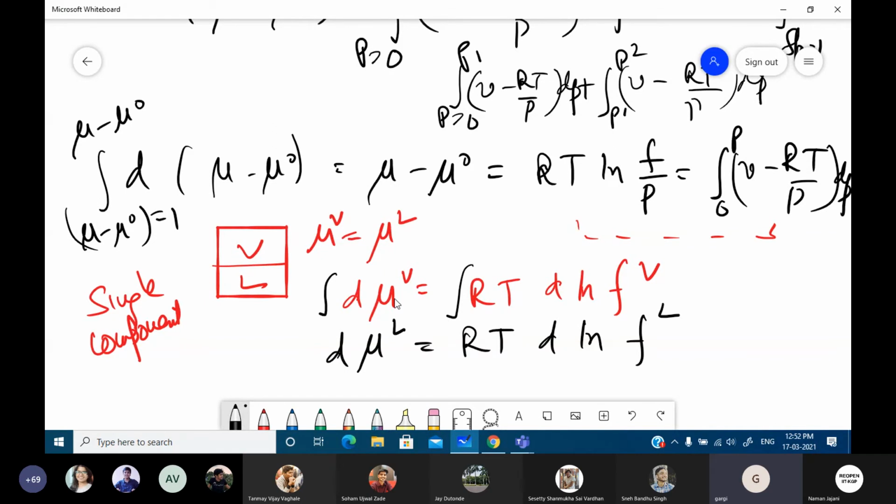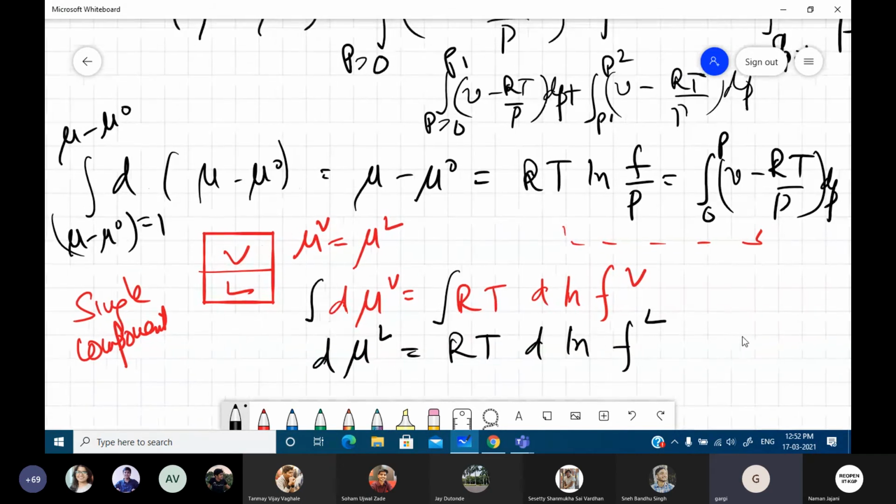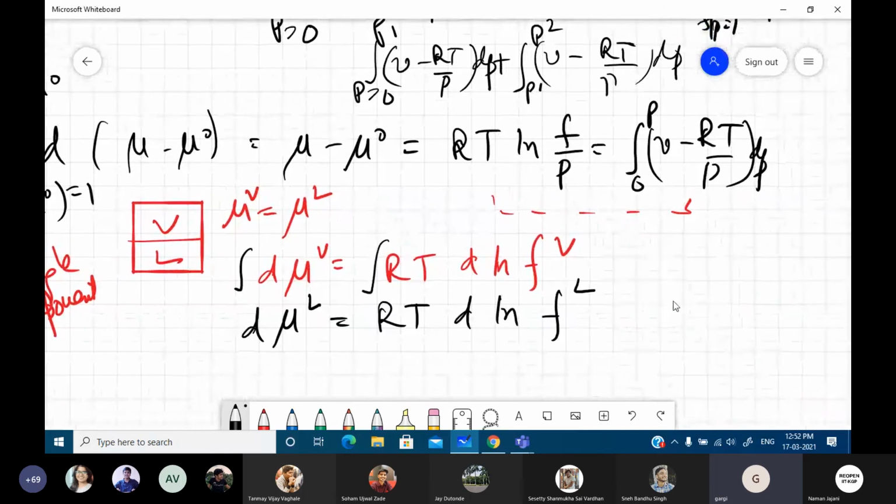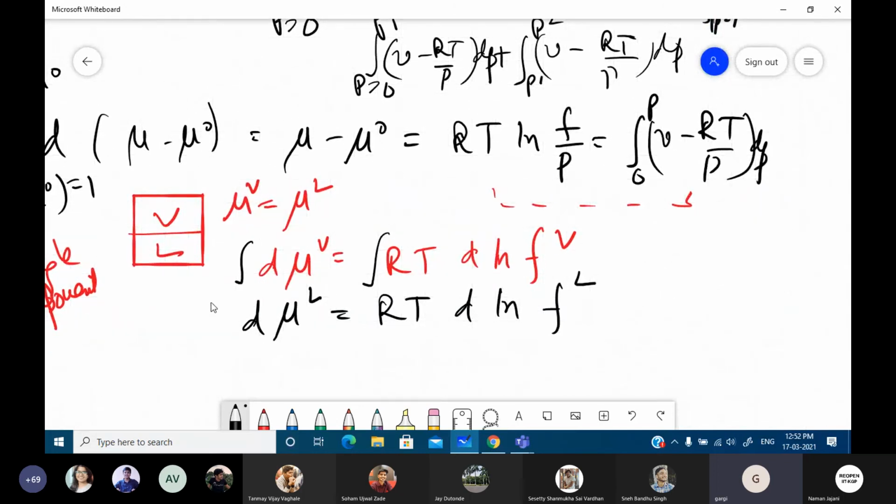So therefore, when I'm integrating this, say I've started integrating from any particular state 1 to any particular state 2, where I know the situation in state 1 and I need to find out the situation in state 2. So in this case, what do I write? Or in other words, let me do it in this particular way.